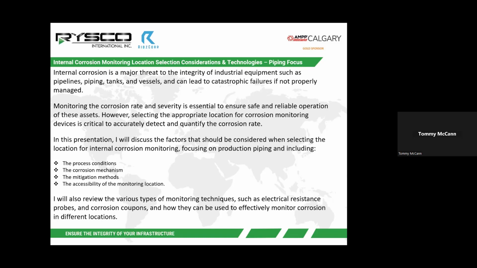I'll touch on 4 major factors. These are not exclusive, but these are the ones that, from my experience, are generally focused on. These are more towards production piping and also pipelines. That is where the bulk of my career has been spent. I'm not super experienced in any way on tanks or vessels.